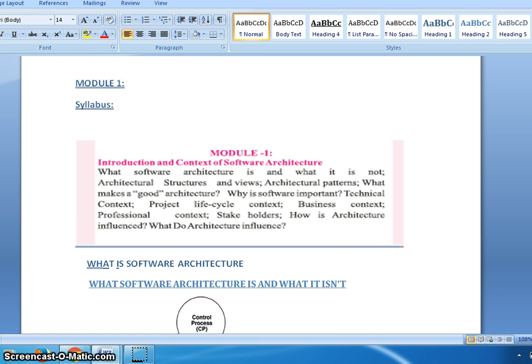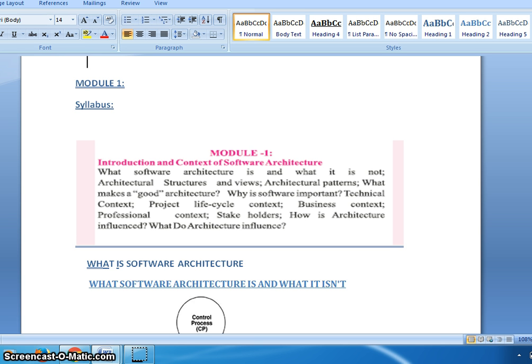And in today's video we will start with the actual syllabus, that is module 1. The name of the module is what software architecture is, and what it is not.